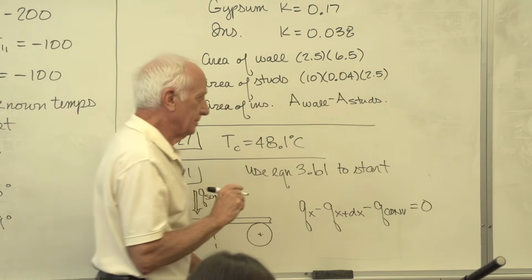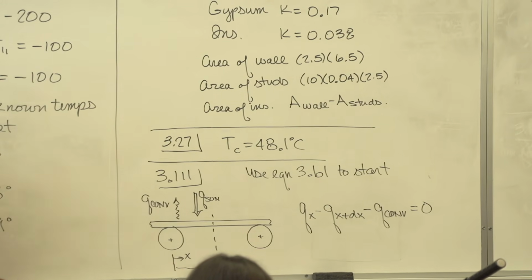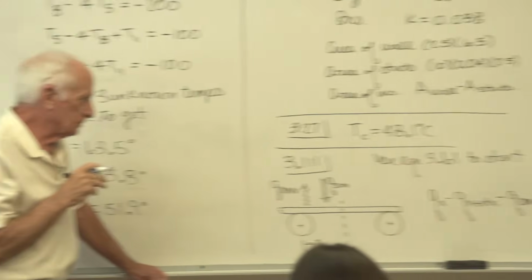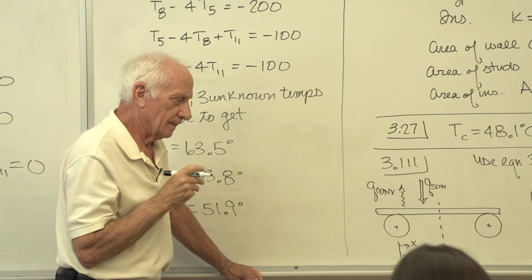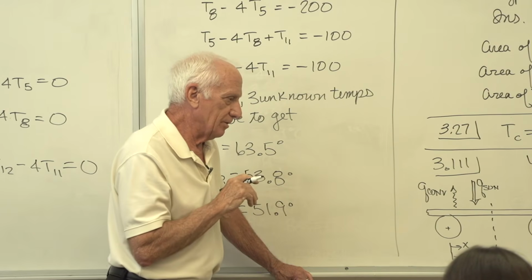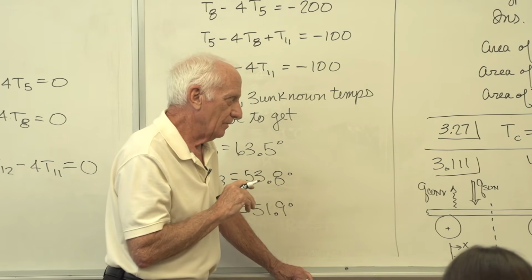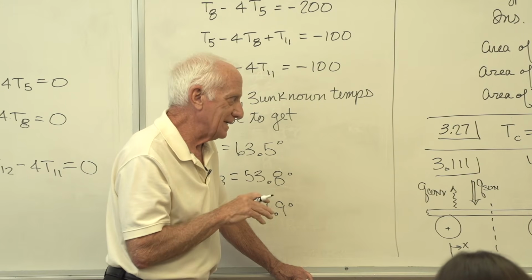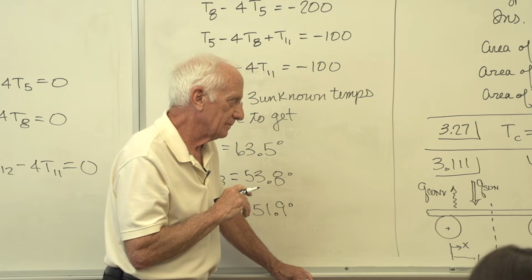We did that in class. We took a small differential element of length dx out of the fin, wrote an energy balance on it, and from that we got a differential equation relating temperature as a function of x.